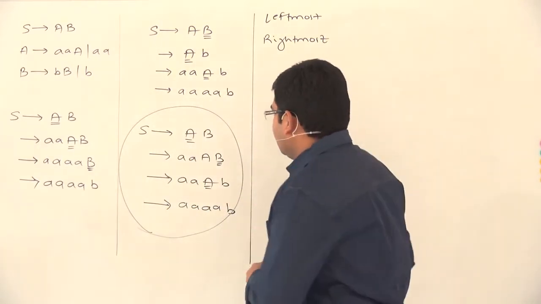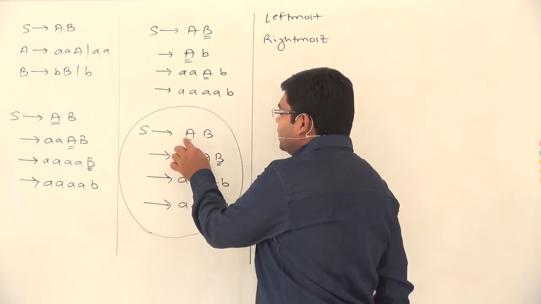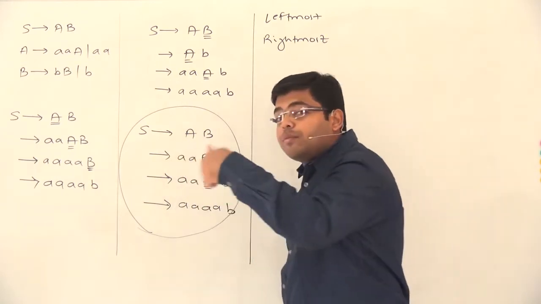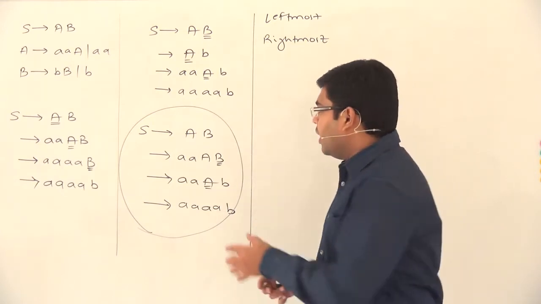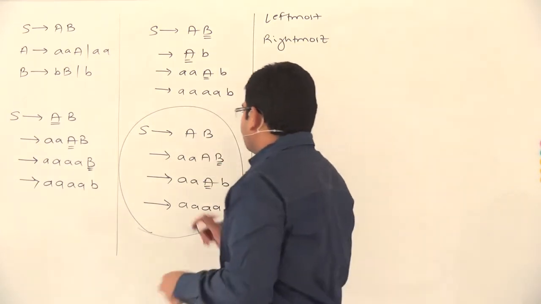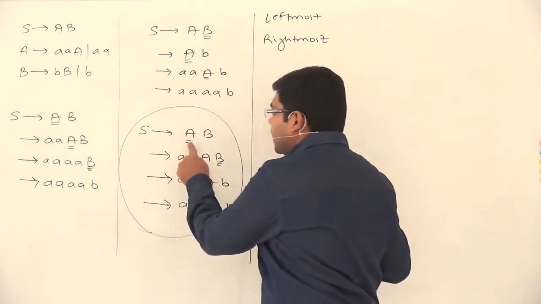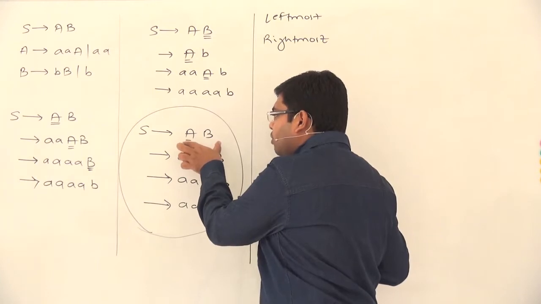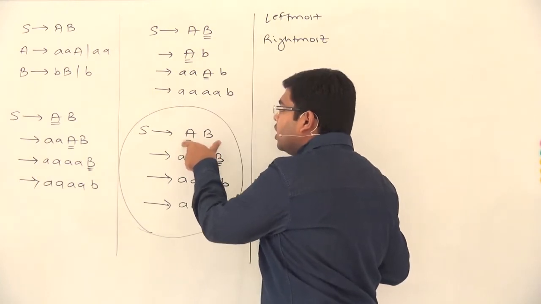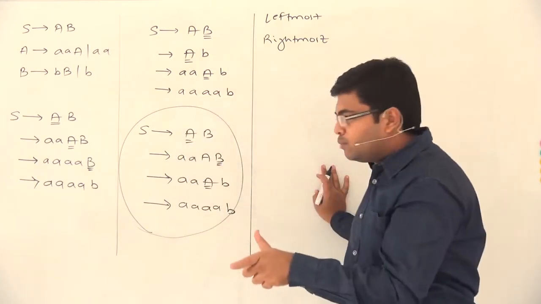What is the rule of rightmost derivation? Every time you replace the rightmost variable. Here we replaced the left variable from these two, and that's why this derivation cannot be called a rightmost derivation.